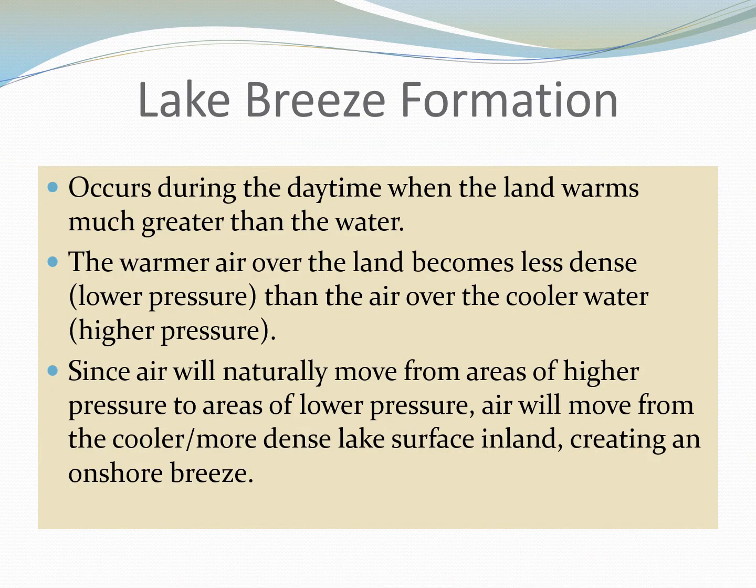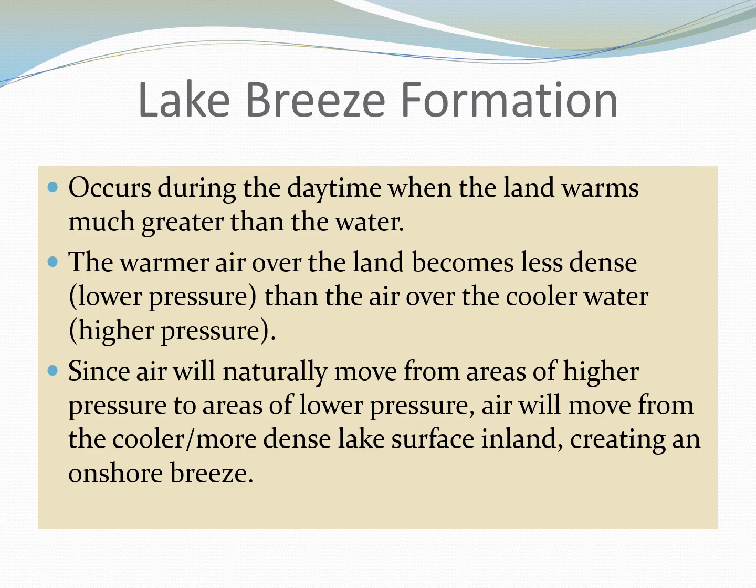The greater the temperature difference between the land and the Great Lakes, the stronger the lake breeze will be. So spring and early summer usually have the strongest lake breezes, but they do occur any time of the year as long as the land becomes warmer than the water.